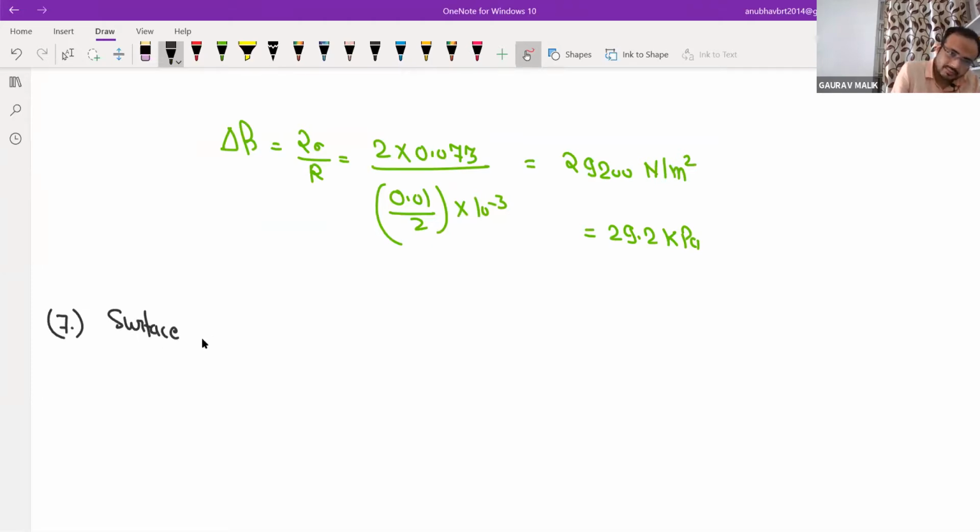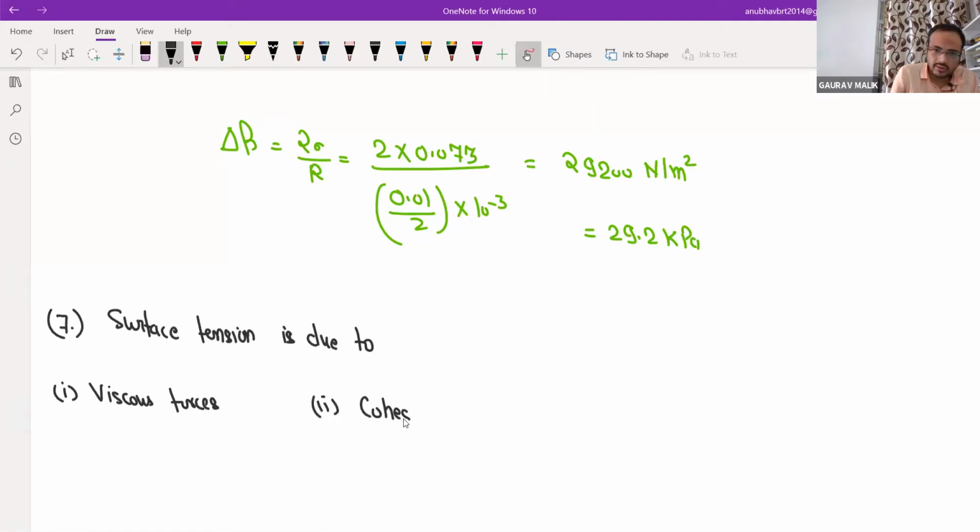Surface tension is due to. That's why conceptual knowledge is important. Surface tension is due to viscous forces, cohesion, adhesion.